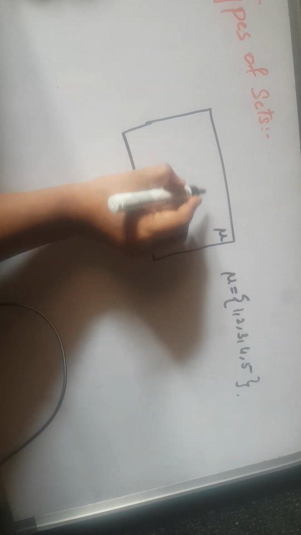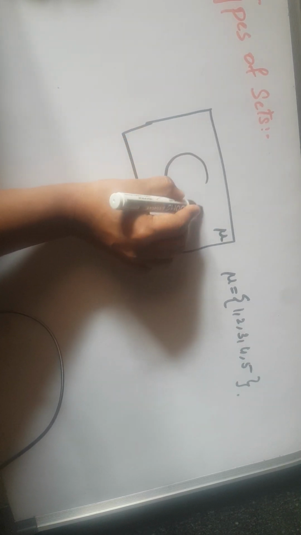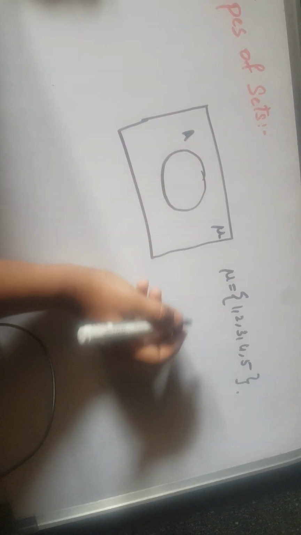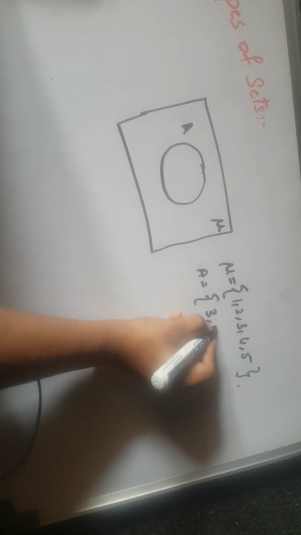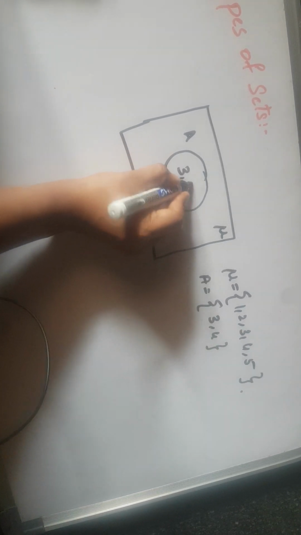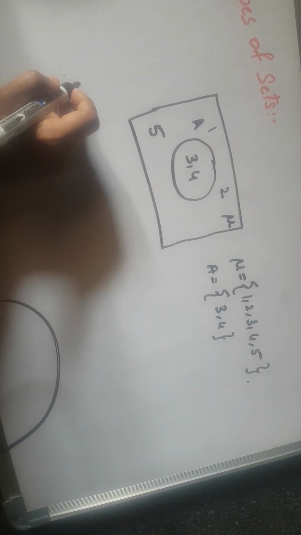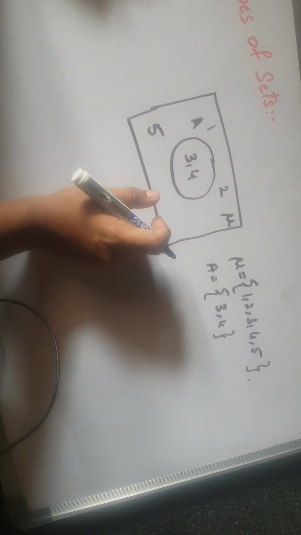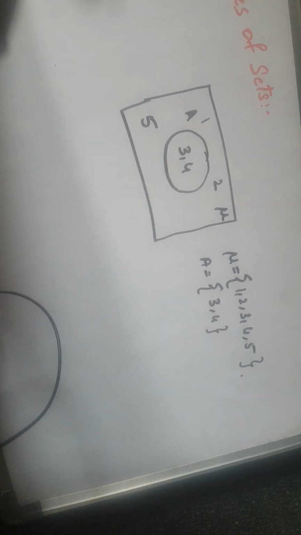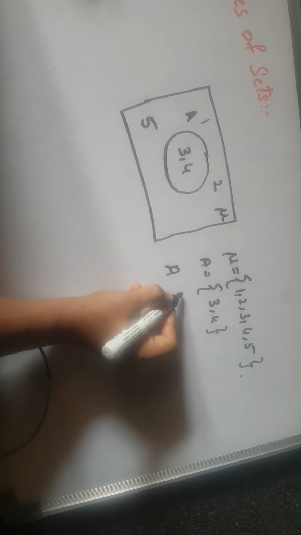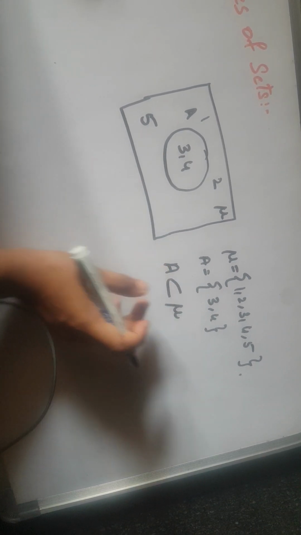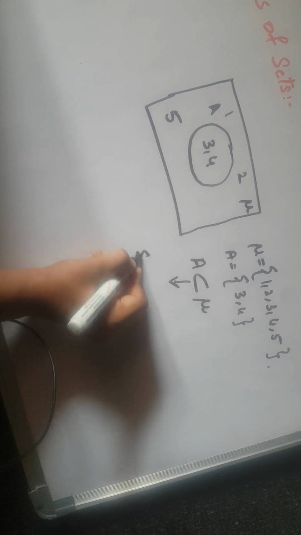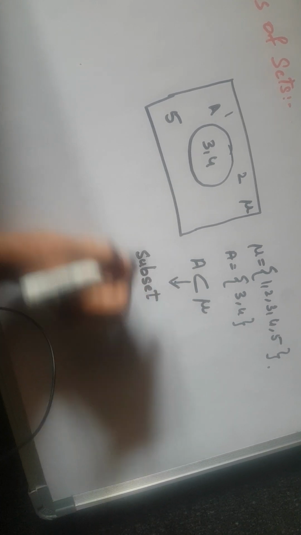In it there is a small subset A, which has the elements 3 4, meaning 3 and 4 are present in A, and 1 2 5 are present in the universal set. A has only the elements 3 and 4, so this can be written as A is a subset of mu. This symbol represents subset.